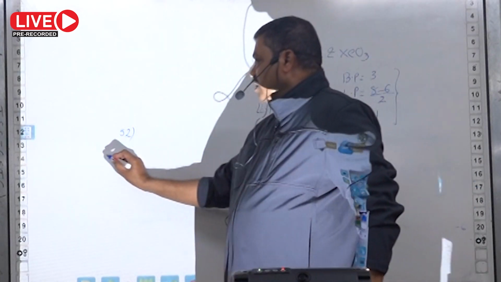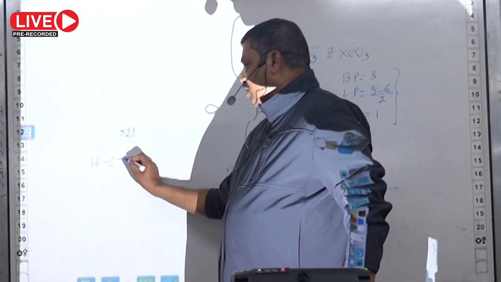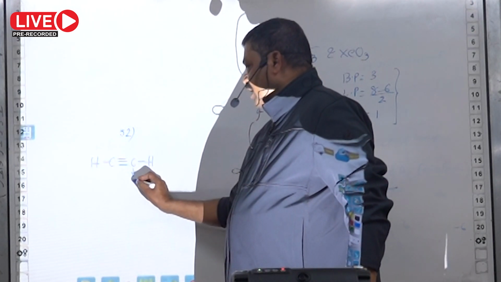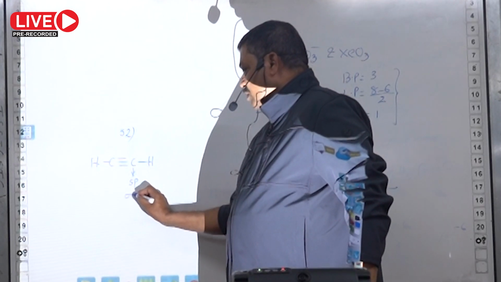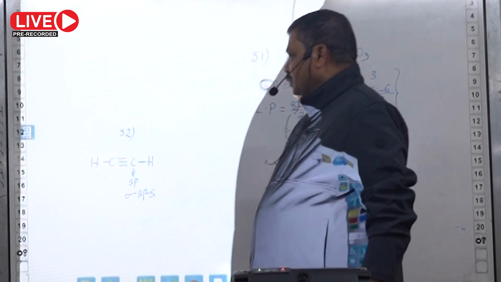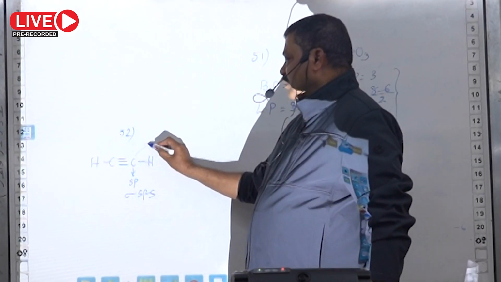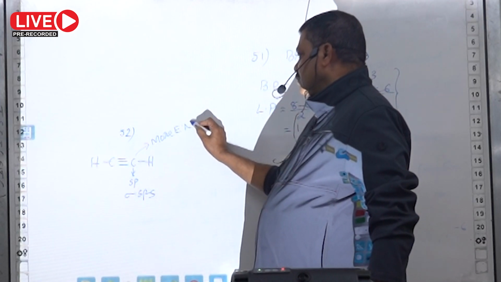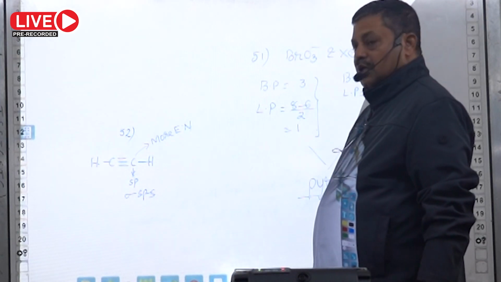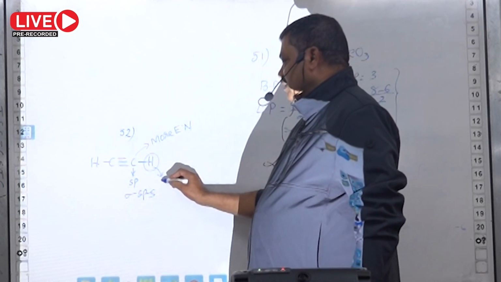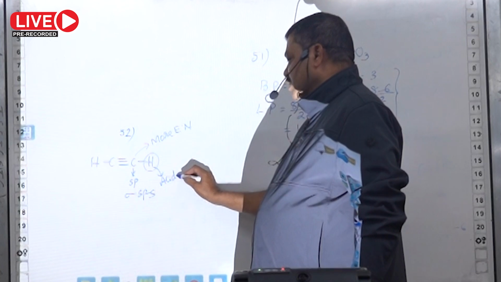52nd. So CH triple bond CH. This is sp carbon and the bond is sigma sp-s. The sp carbon is more electronegative. More the electronegativity, more the acidic nature of hydrogen.